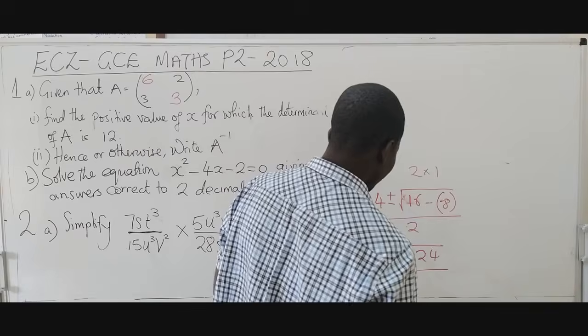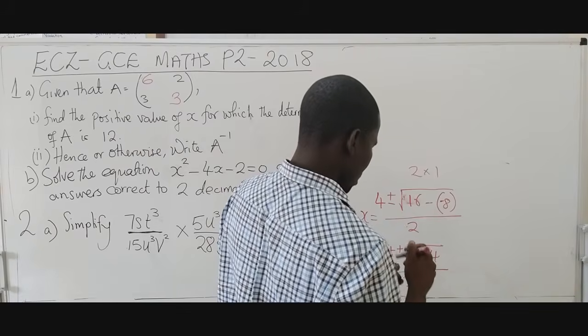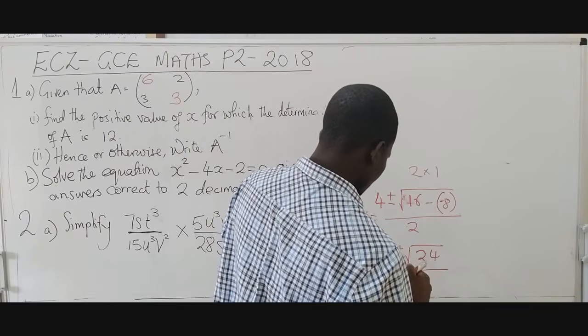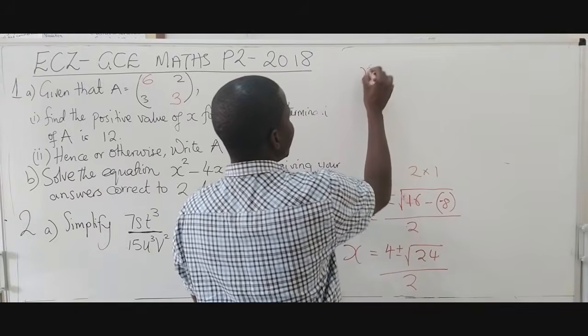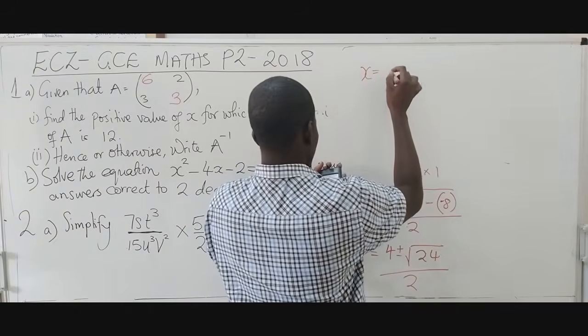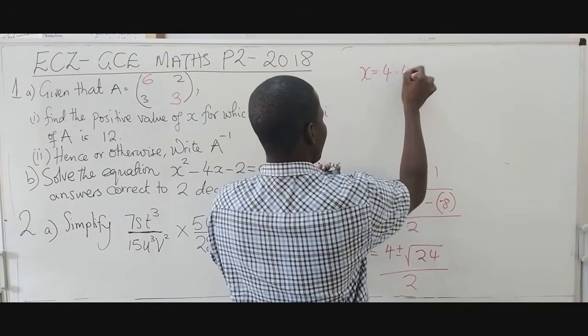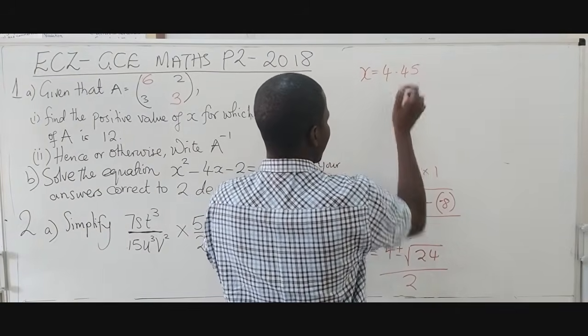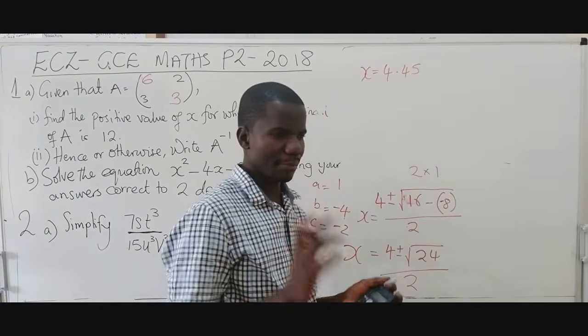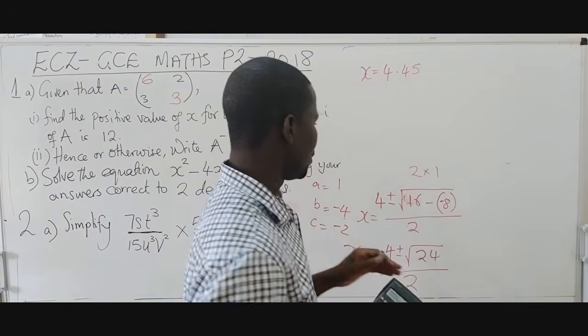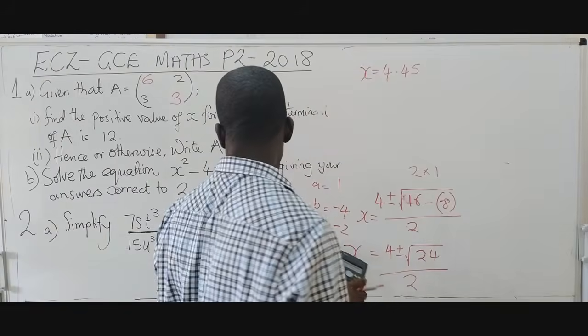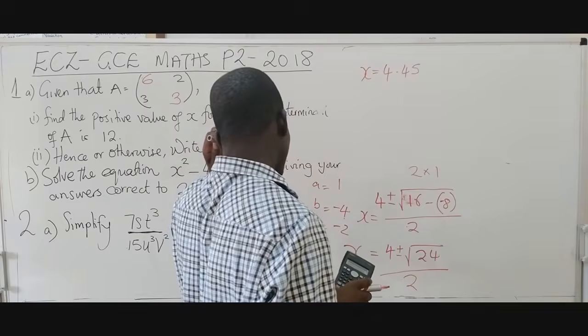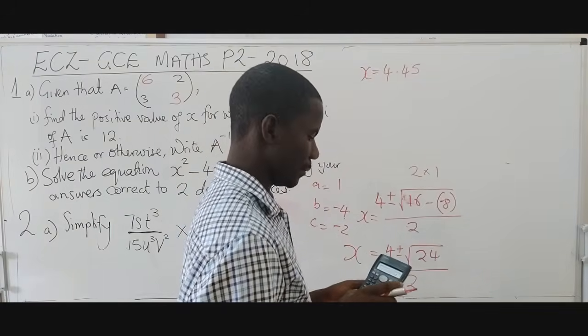What you are going to get is x equals 4.45. This is going to be one value of x. Remember, we are told that you need to round off your answer to two decimal places. So these are 2 decimal places.